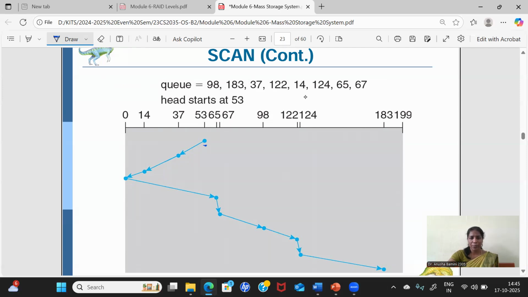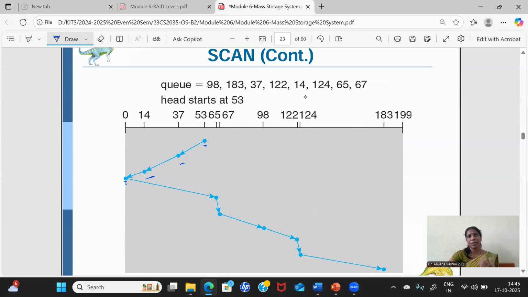It moves to the starting position, which means the starting node, where the head is represented at 0. So from 53 it is traversing to 0. In between, whatever requests are there get satisfied.